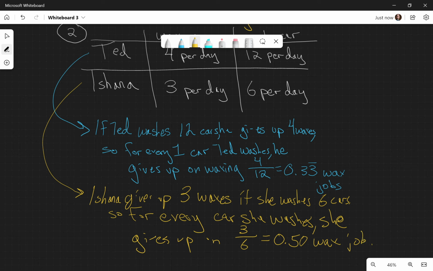So Ishana's opportunity cost is 0.5, whereas Ted's opportunity cost is 0.33.